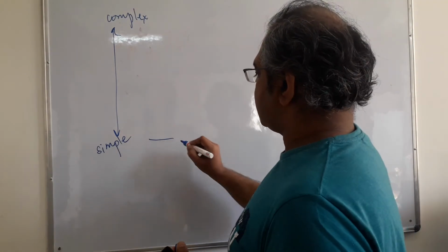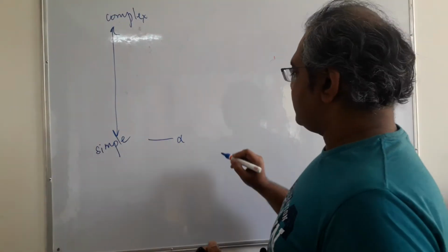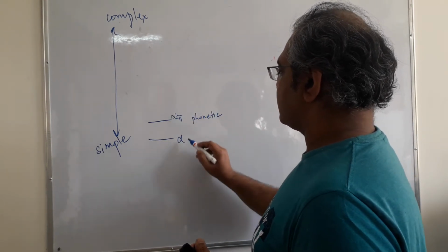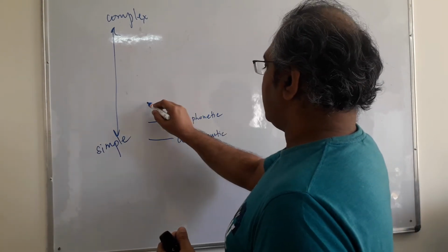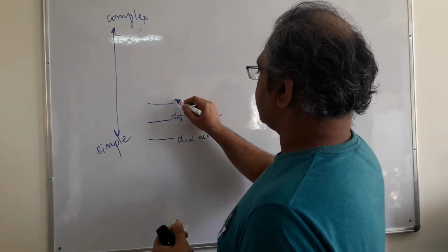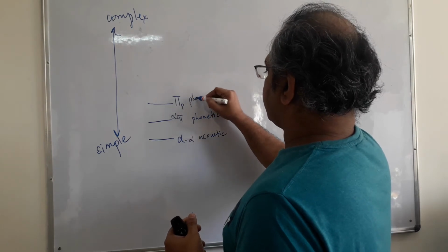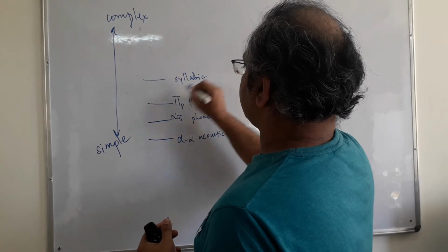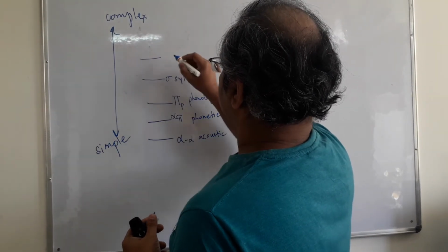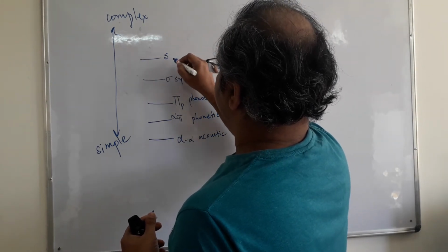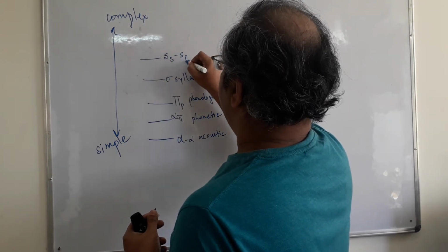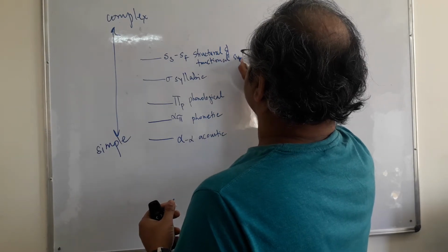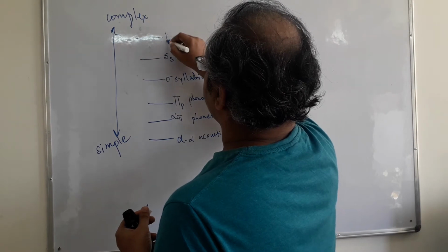Let us posit that this is the level where you have the acoustic level, and then you have the phonetic level, and then you have a phonological level, then you can have the syllabic tier, which we call the sigma, and then a level called structure S, and maybe structure F, the structural and functional syntactic level, and then you have the pragmatic level.